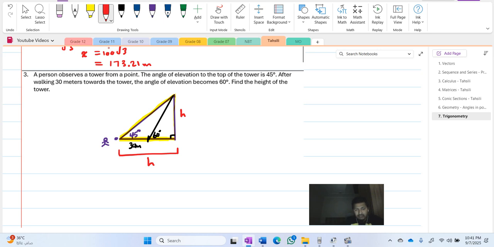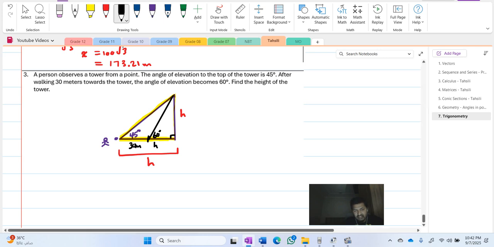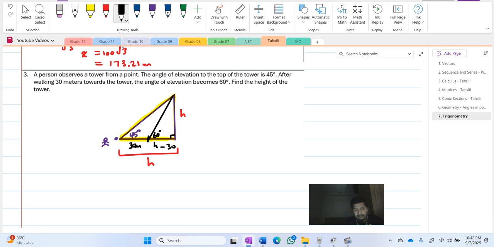So if you take away 30 from h, for example, if this was 100 and he walked 30 meters, then he's got 70 meters left. How did we get 70? 100 minus 30. So now this is h minus 30.